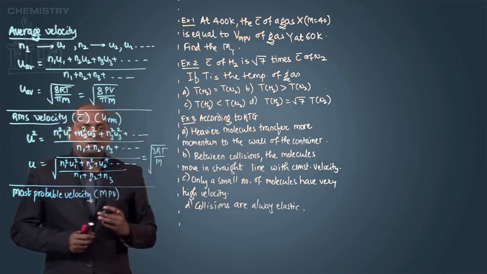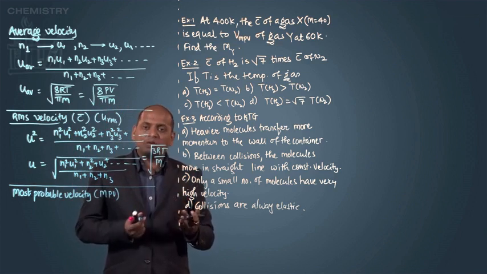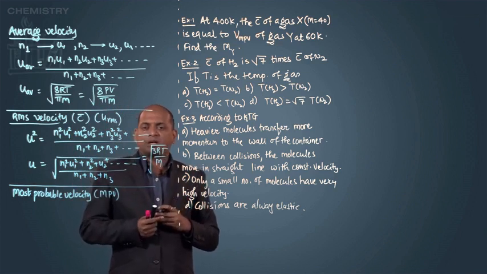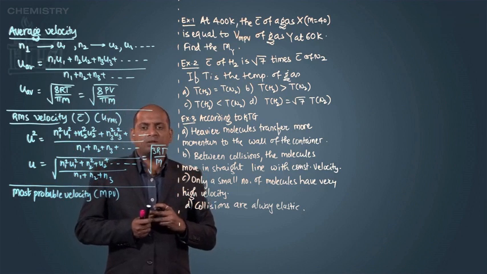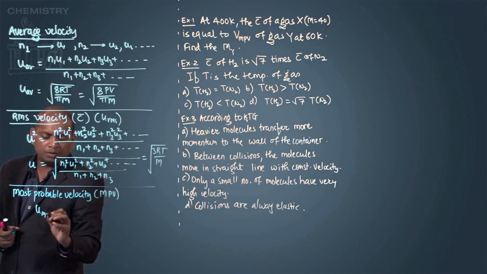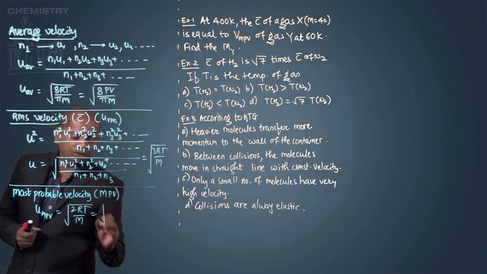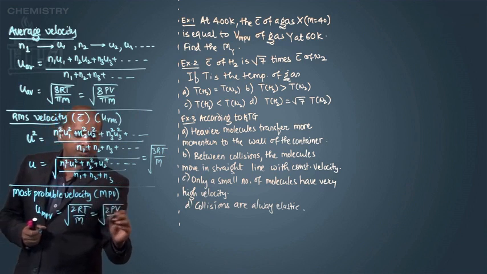The velocity possessed by the largest number of molecules in a container is called the most probable velocity, and that is given by u MPV equal to square root of 2RT upon m, or square root of 2PV upon m.